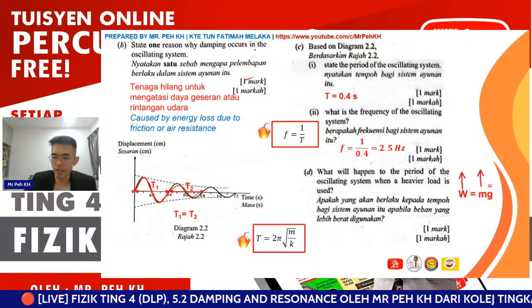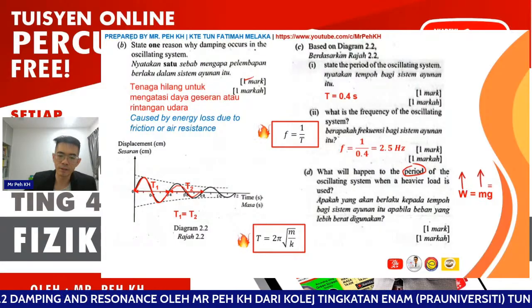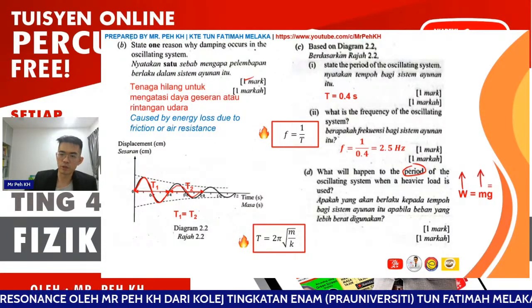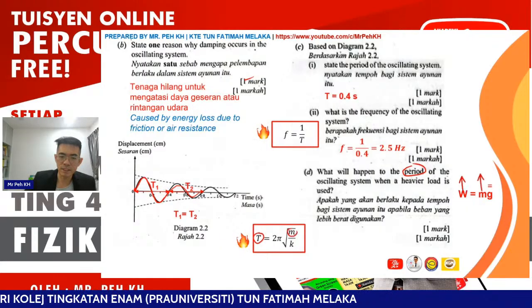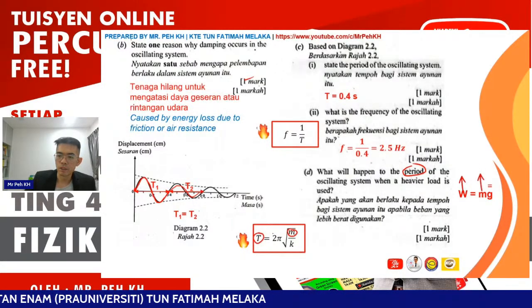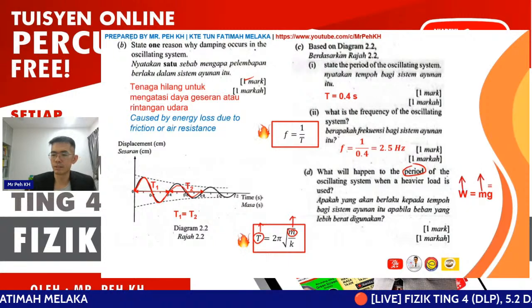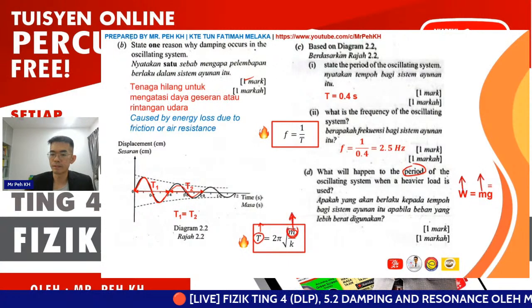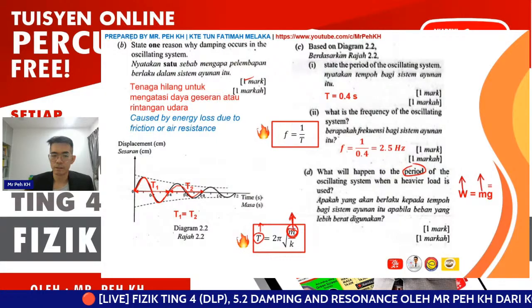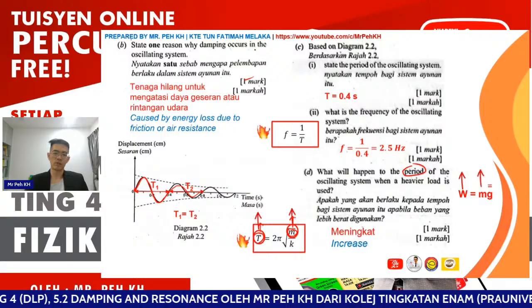The question asks about the period, right? For frequency and period, the difference here will be M and K reversed. So the relationship between the mass and the T is directly proportional. So when the M increases, the period will be increased, right? We can discuss by using this formula. So the answer here will be increase. Okay, so this will be the answer.